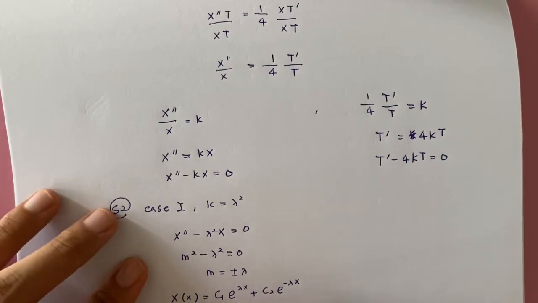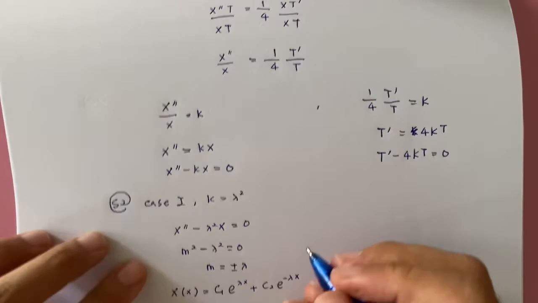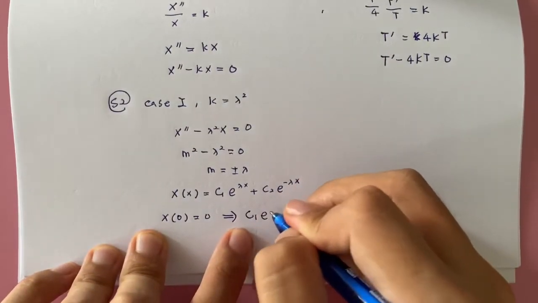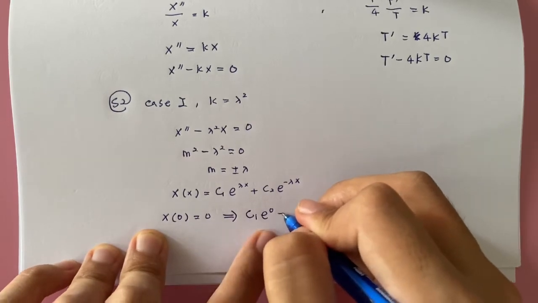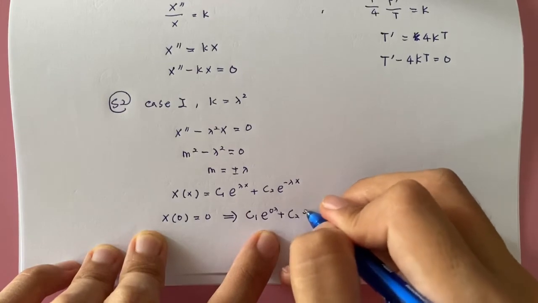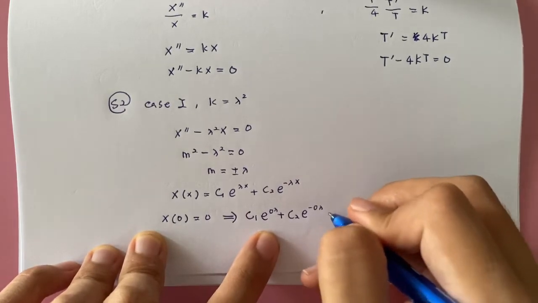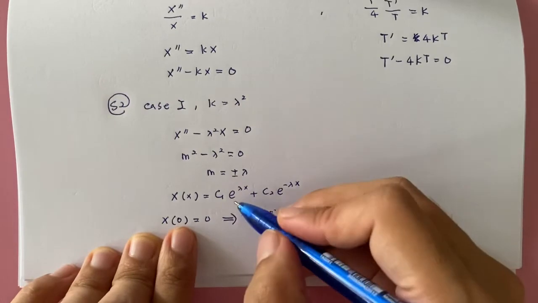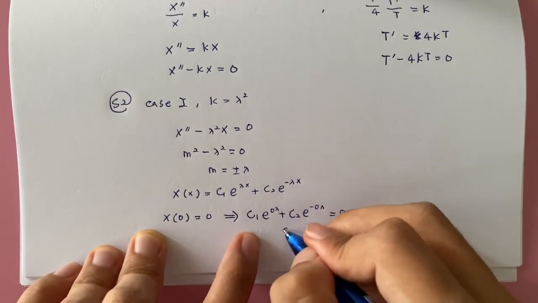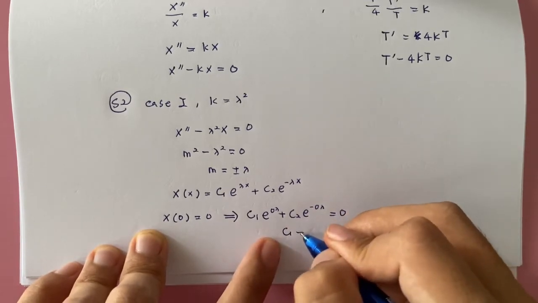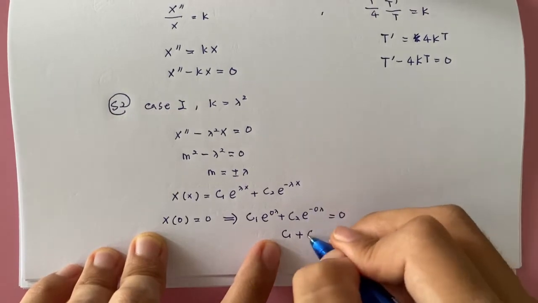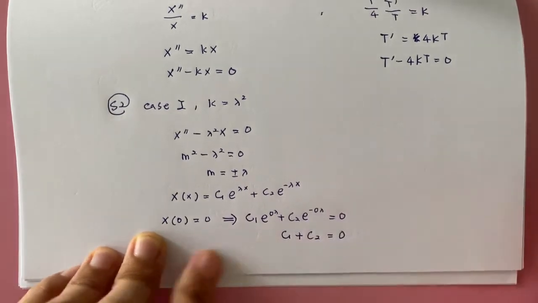When you substitute x equal to 0, you have c1 e to the 0 lambda plus c2 e to the minus 0 lambda, and this is equal to 0. Substitute x equal to 0, you have c1 multiplied by 1, plus c2 multiplied by 1. So you have c1 plus c2 equal to 0.